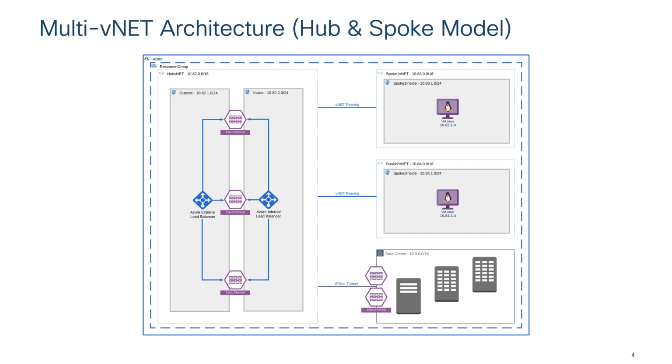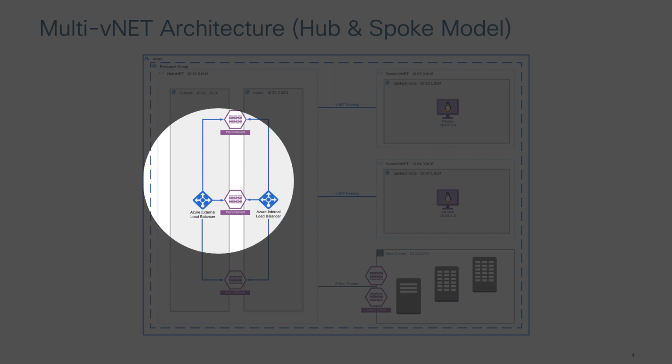Now, if you look at this particular architecture, I have a hub VNet which is 10.82.0.0/16. In this hub, I have multiple firewalls, and these firewalls are between two load balancers. So you can call this an architecture of a load balancer sandwich.